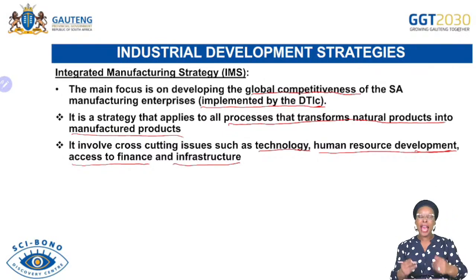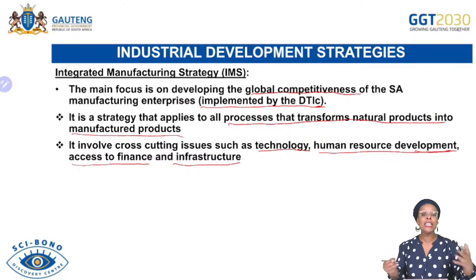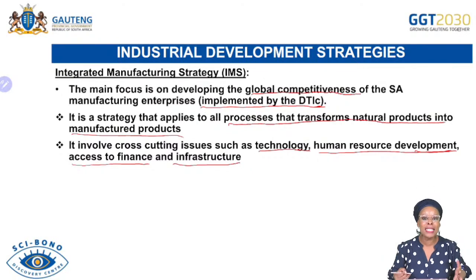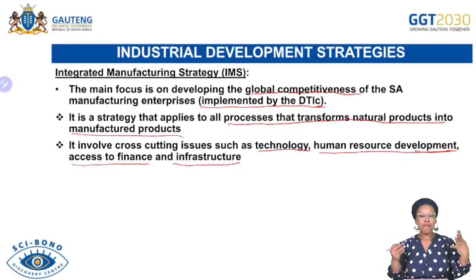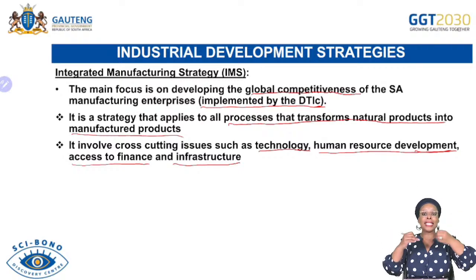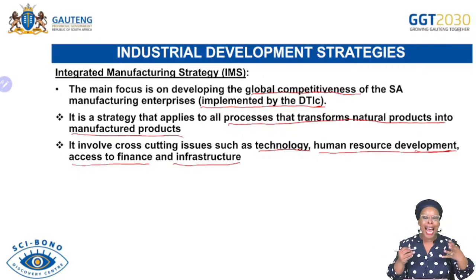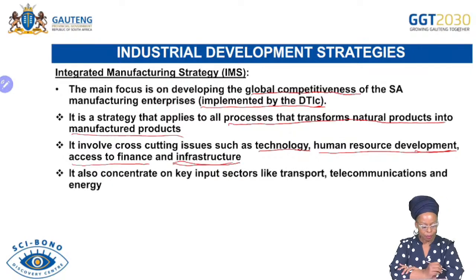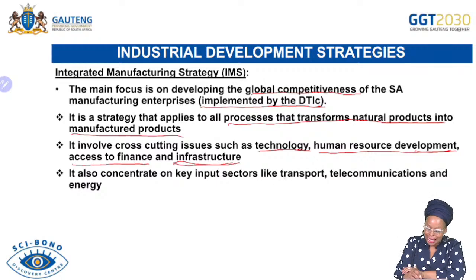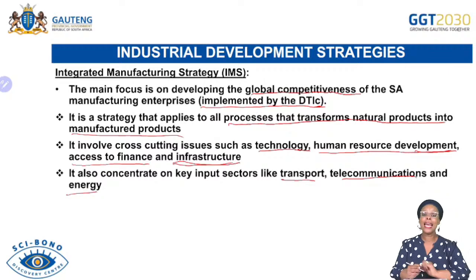Remember, we do have investors who are interested in investing in South Africa by establishing industries, but you find that the area that is targeted does not have proper infrastructure, communication, railway lines, water, electricity, etc. So the IMS involves such infrastructure. It also concentrates on key input sectors such as transport, telecommunication, and energy.